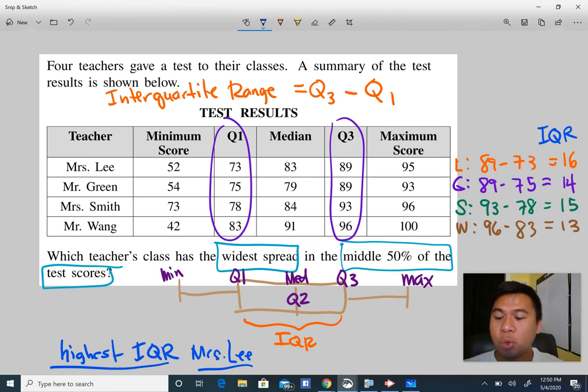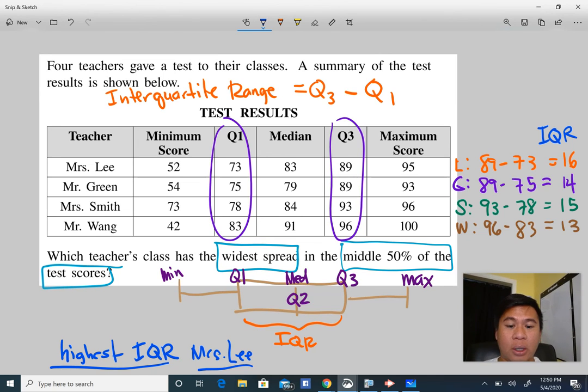Again, the interquartile range is another measure of variability. In fact, it covers the middle 50% of the test scores, because in our box plot, the segments are also called quartiles. That means each segment holds 25% of the whole scores.